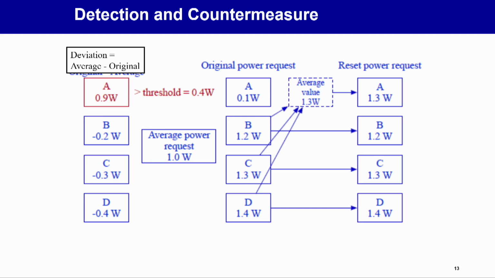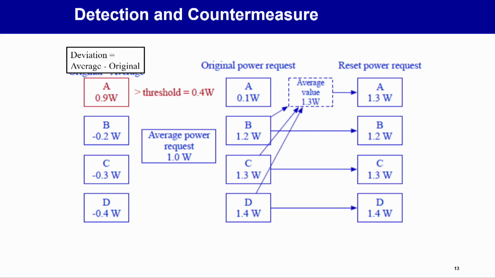Stopping is on this side. Now you know this core is infected. So now you can do another average, but do not take the power value of the infected core, because it has been reduced too much or increased too much. Then you average only uninfected cores, and this average is 1.3 watt, and based on this average you can do another distribution.